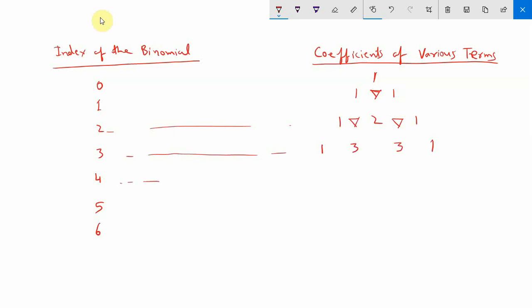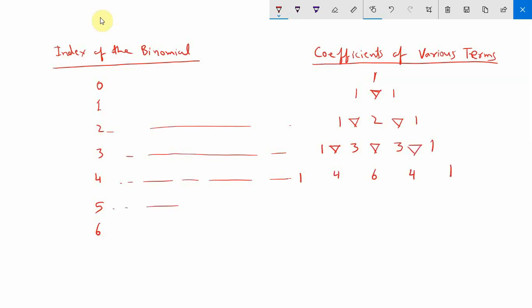So for index 4, we can write from here only. We write 1, then we sum 1 and 3. It will give 4. Then we sum up 3 and 3. It will give 6. And then we sum up 3 and 1. It will again give 4, and 1.